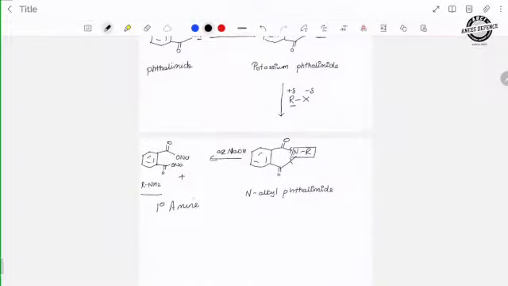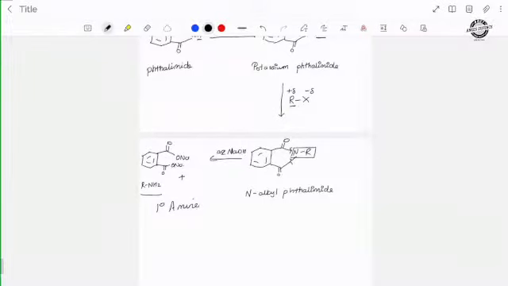The secondary and tertiary amine mixture was found in which name reaction? Hoffman ammonolysis reaction. In Hoffman ammonolysis, you were getting a mixture of primary, then after primary, secondary, after secondary tertiary, after tertiary quaternary. Why?